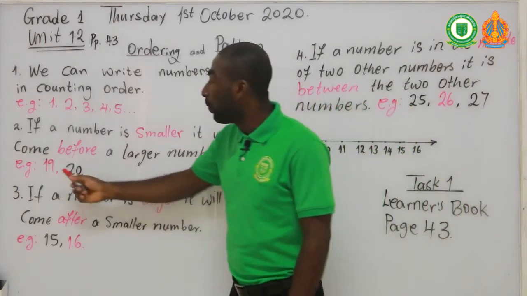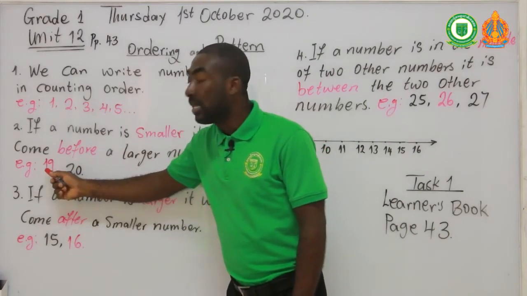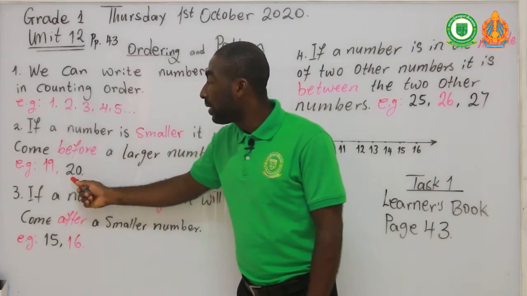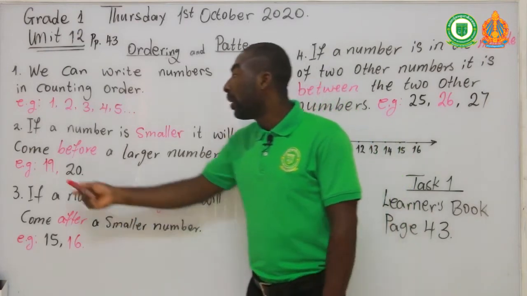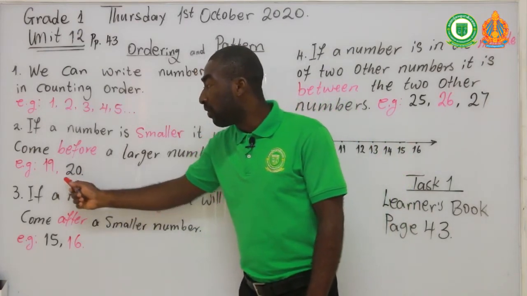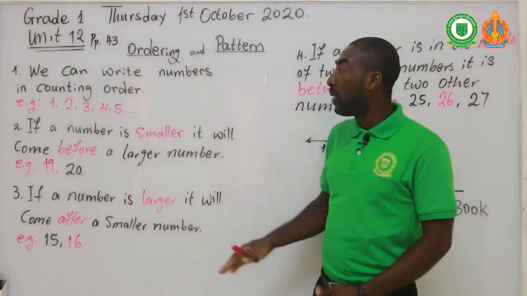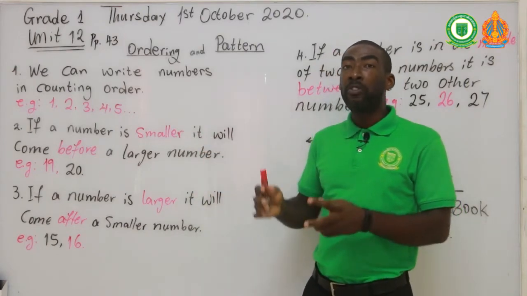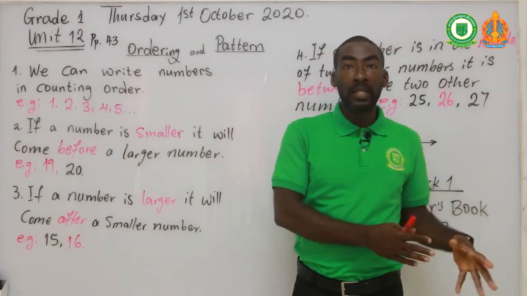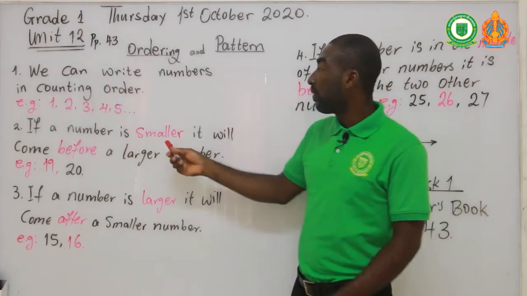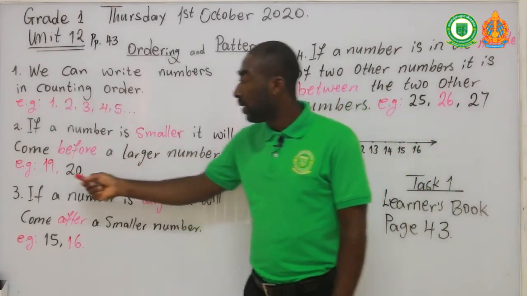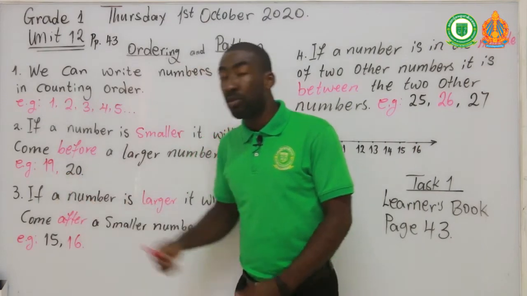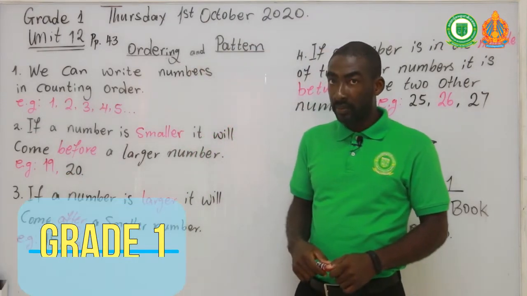For example, 19 is the smaller one and 20 is the larger one. So 19 will come first before 20. That means you are putting your numbers in the order of smallest to largest, okay? You have to start with the smaller number, 19, and then you go to 20.